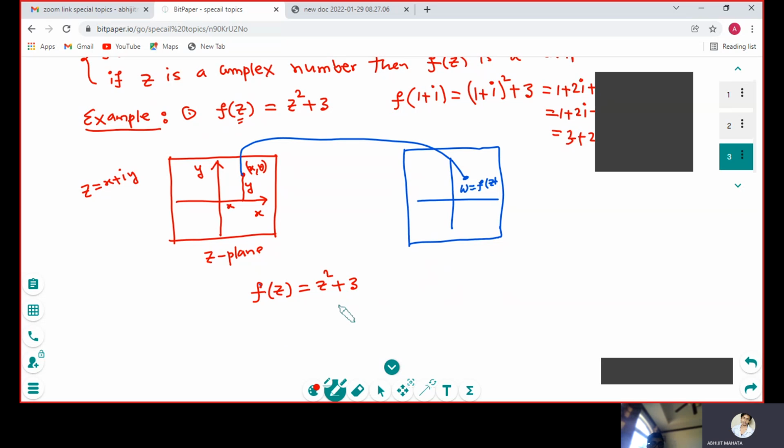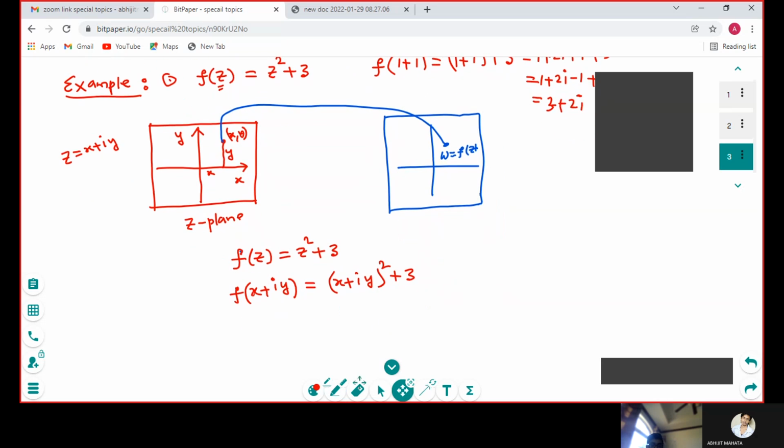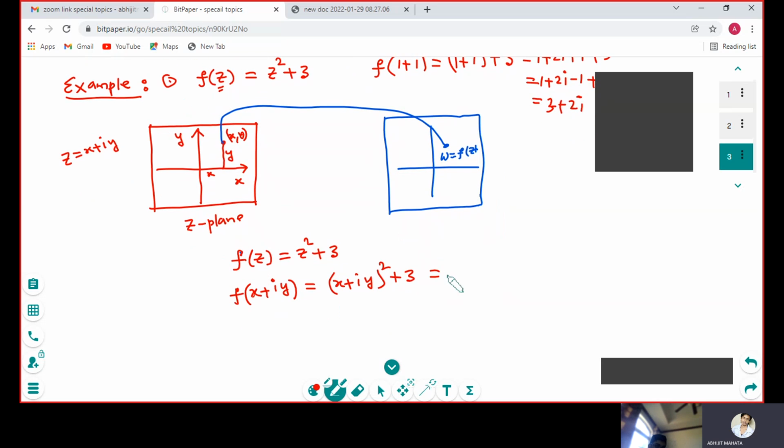You can write this complex function into a real part and an imaginary part. So how? Let me put it here: in the place of z, you put x plus iy. So then it will be x plus iy whole square plus 3, right? If you simplify a little bit, it will be x square plus 2xyi plus i of y whole square plus 3, right?